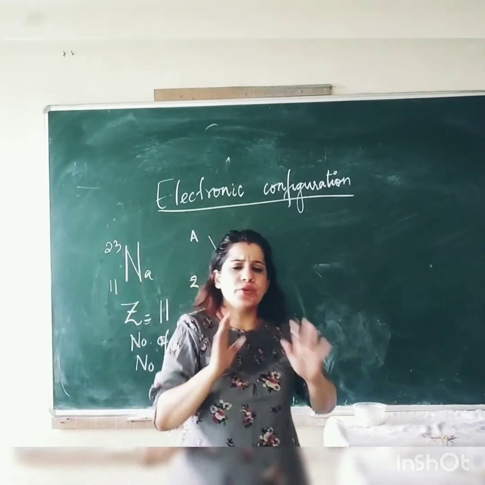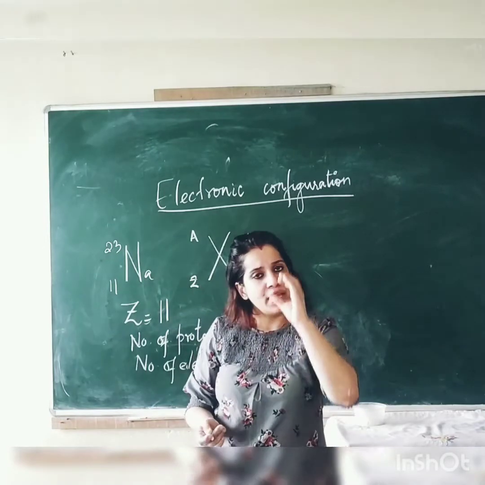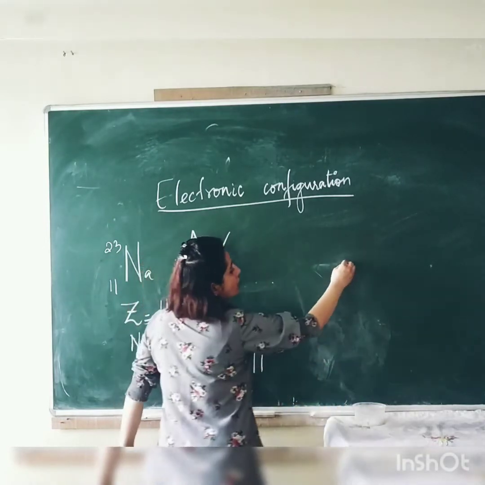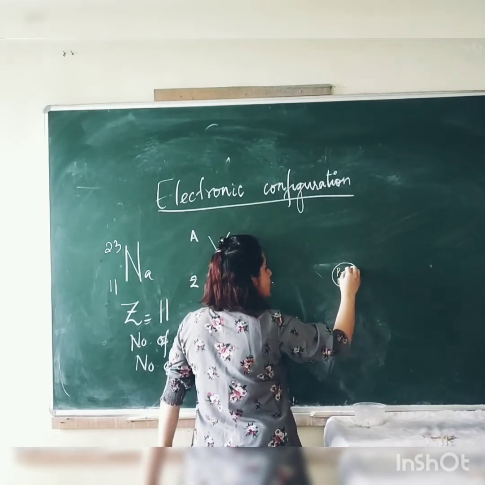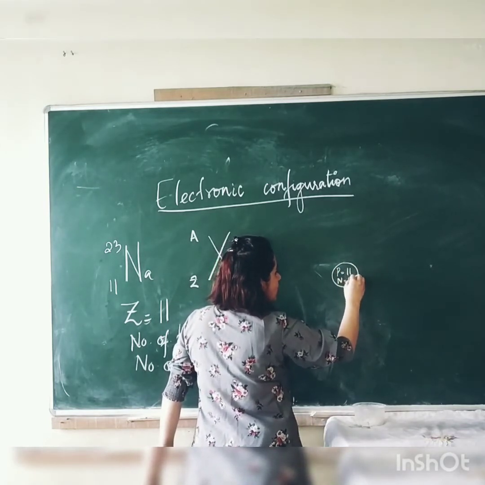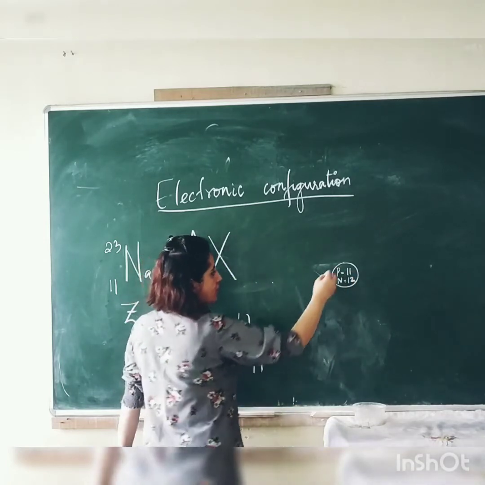Now electrons are not randomly arranged in an atom. They follow a certain pattern. So we know the nucleus is there, with protons and neutrons, 11 protons and 12 neutrons.